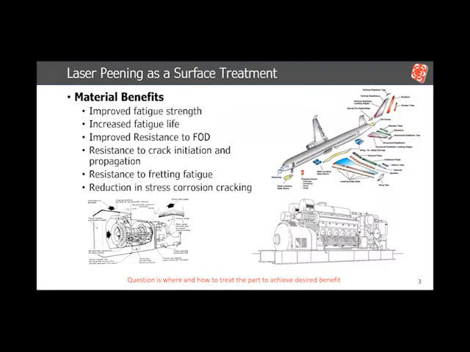I'll start out with just kind of summarizing some of the benefits. I think most of us are already aware of this. This has really kind of been covered through the day, but we're really using residual stresses to improve the fatigue life or the fatigue resistance of metallic components. And it has an impact on a variety of types of issues that are encountered in metallic materials. We can use it to resist crack initiation. There's information out there to support that.